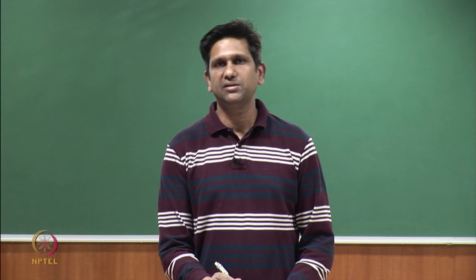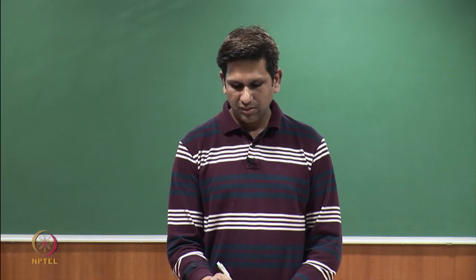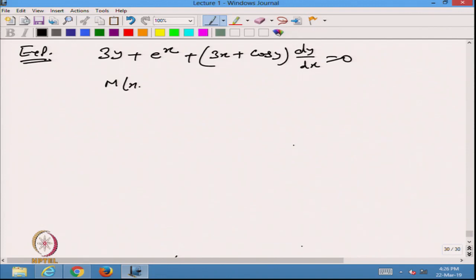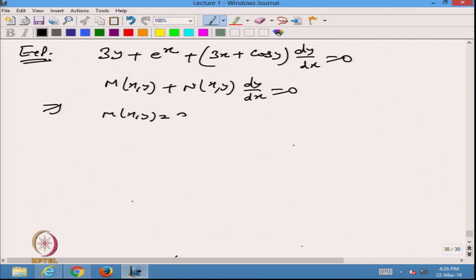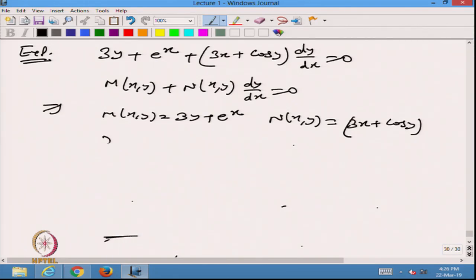Now, if I compare this differential equation with the standard form, M(x,y) plus N(x,y) dy by dx equal to 0, then I know that M(x,y) is equal to 3y plus e raised to power x, and N(x,y) is equal to 3x plus cos y. Now, I just want to check: what is del M by del y?